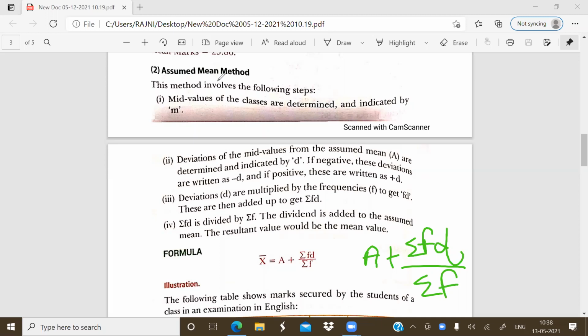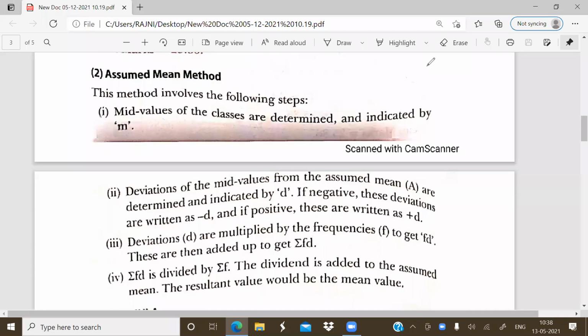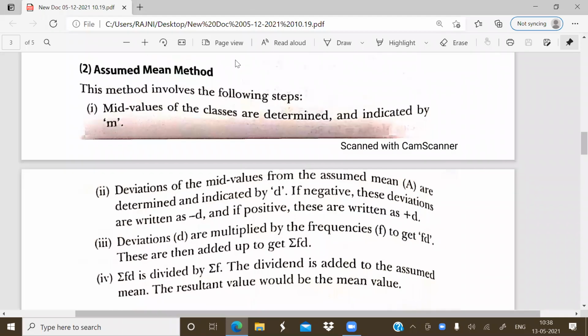But in this series, we just have to follow one more step in order to calculate the mean. What is that step? That is the calculation of the mid values of the class interval. Firstly, we will calculate the mid value of the class interval, which is known as M. Then the assumed mean will be found.